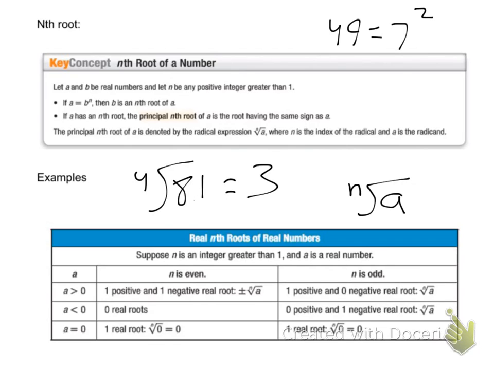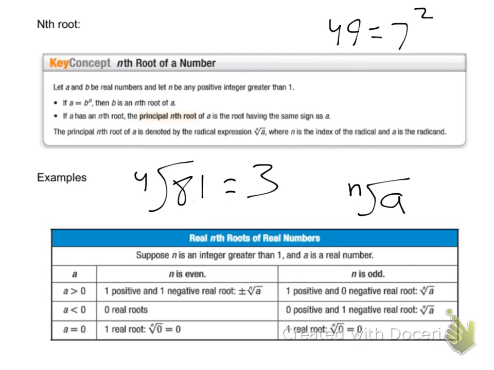Negative times negative is positive, but then there's another negative which makes it negative. 3 negatives make a negative. Careful when we're multiplying. If we were adding the negatives, then it would be negative. If we are subtracting negatives, then we'd be positive.